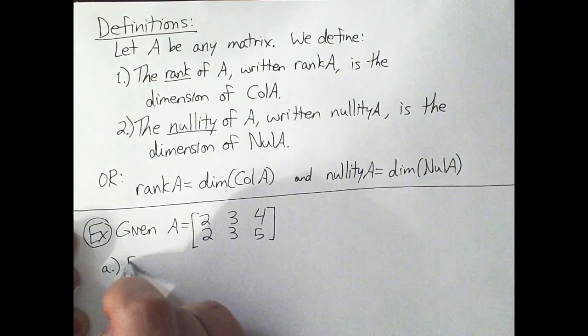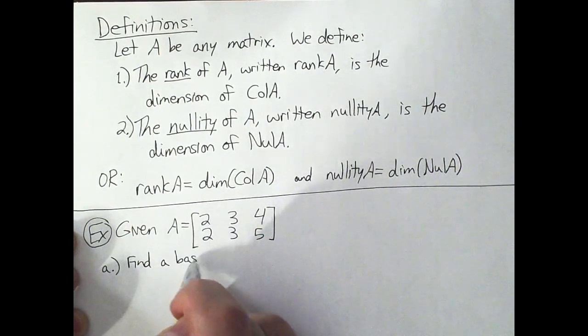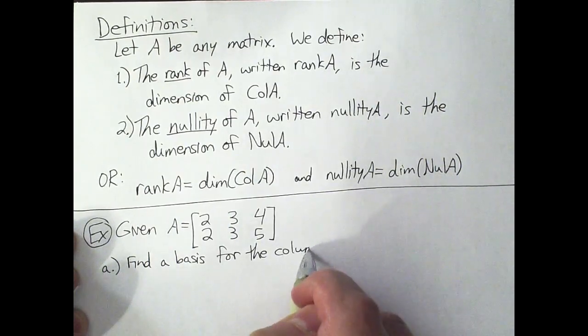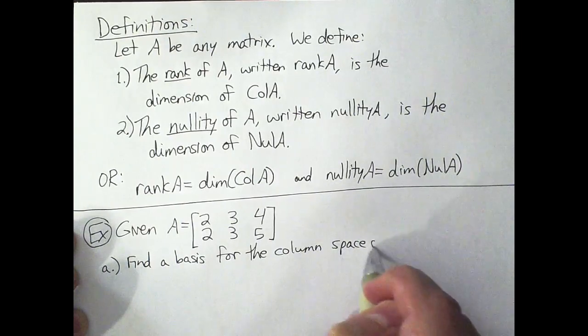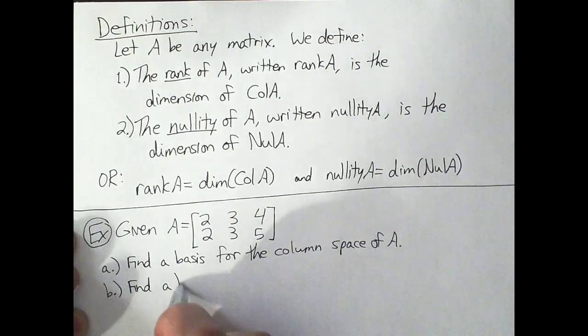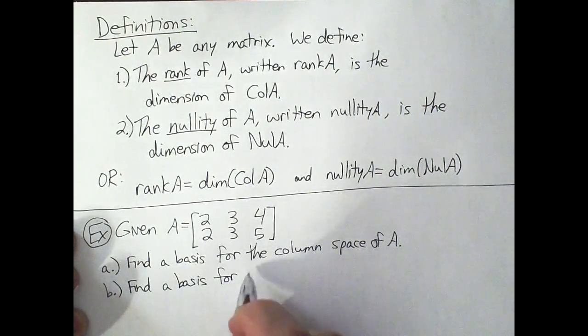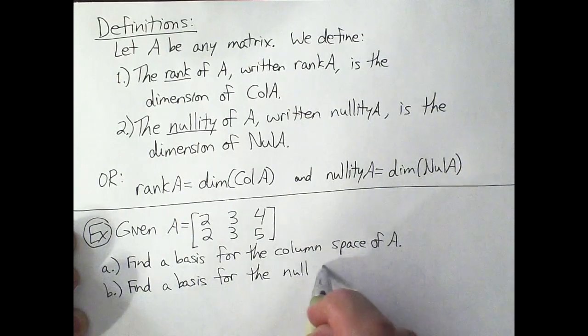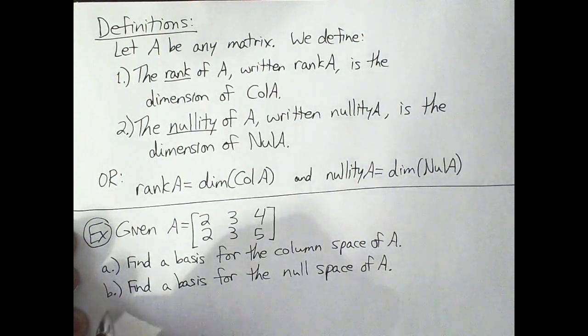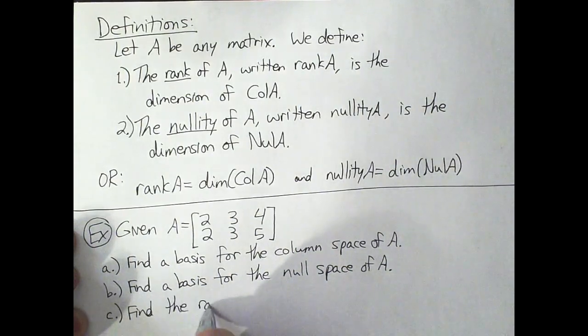Part A. Find a basis for the column space of A. Part B. Find a basis for the null space of A. This problem might take a little longer because there's 3 parts to it. Part C. Find the rank and nullity of A.